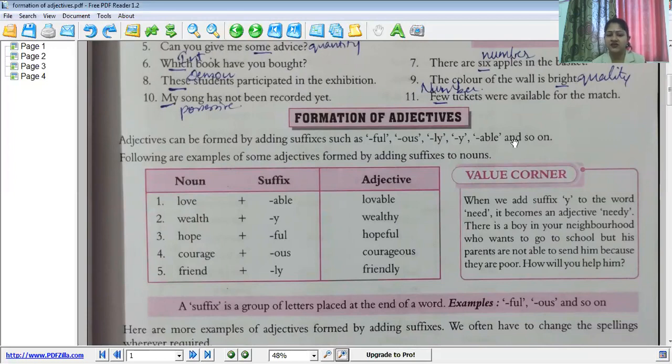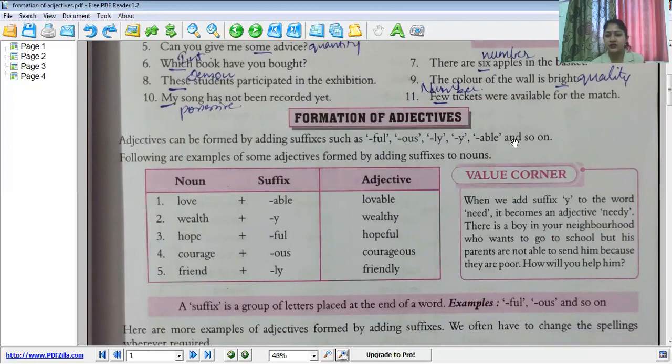Now, what are suffixes? Suffixes are those words or alphabets that are added after the word. Suffixes appear after the word. Sometimes the spelling may change. We will move on to learn this in detail.